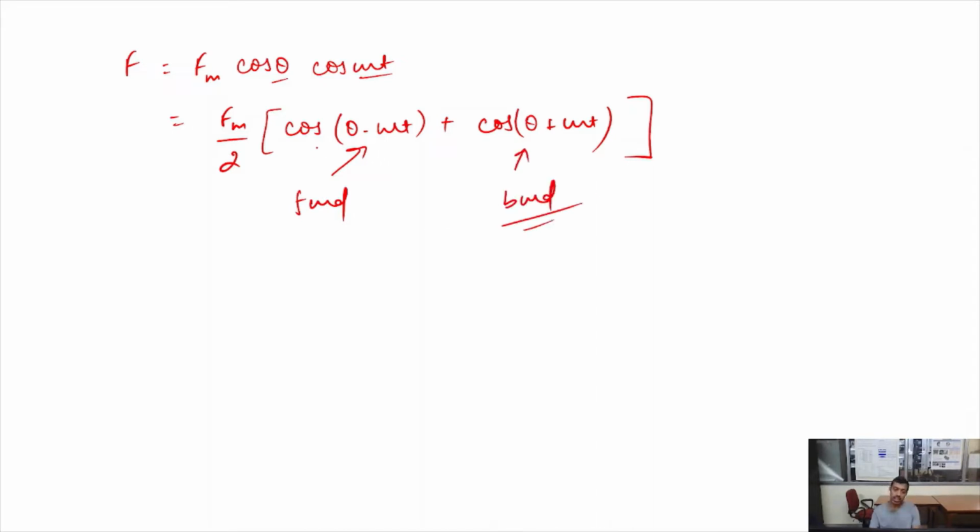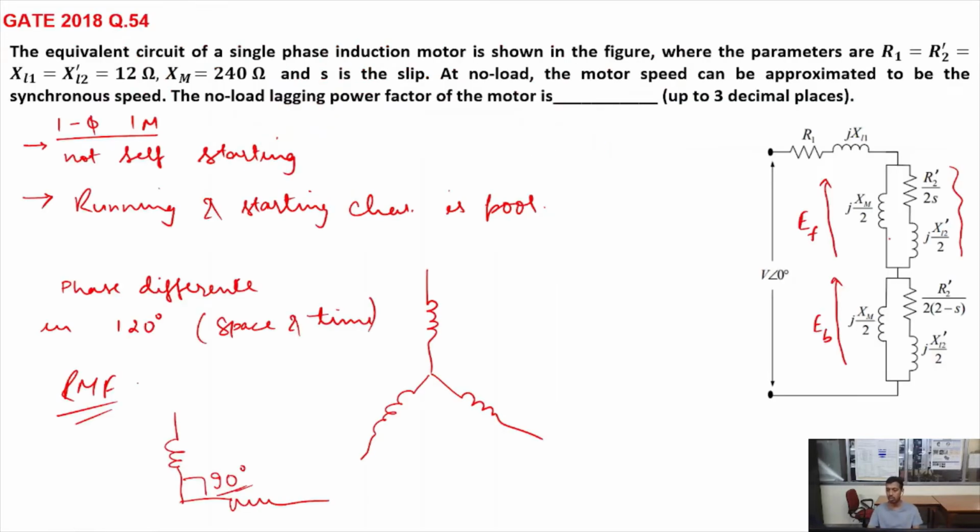Here it is the forward MMF revolving field, and here it is the backward MMF revolving field, right? Due to this MMF, there will be some back EMF, or we can distribute winding into two parts. One is forward and one is backward. So that's why it is distributed here.